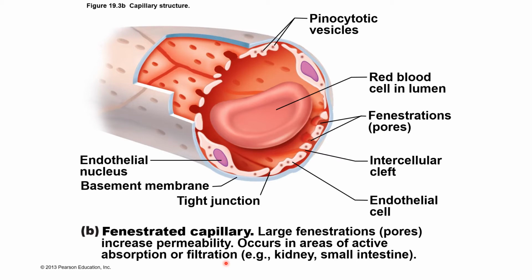You would also find fenestrated capillaries in areas of absorption, so therefore you would find them in your small intestines, because this is where you digest your food, and so you would want to have an easier time absorbing those nutrients. So you don't want the capillaries to have a lot of restrictions on them, and so it would be a better idea to have those fenestrated capillaries in these regions.